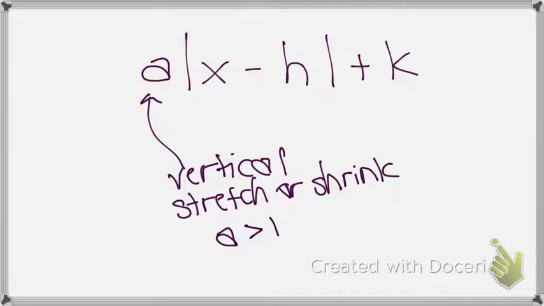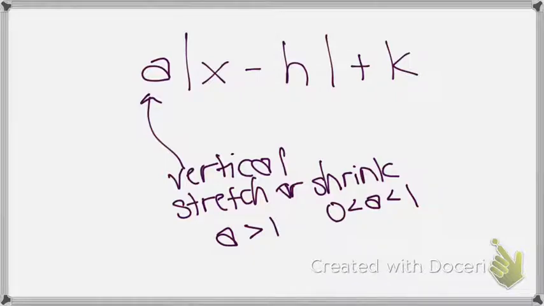Okay, so if it's 2, 3, 4, the fraction 5 over 2, any number larger than 1, it is a stretch. If A is between 0 and 1, such as 1/2, 2/3, 3/4, anything like that, then it is a shrink because it makes it smaller. Okay? Is this somewhat familiar to us?